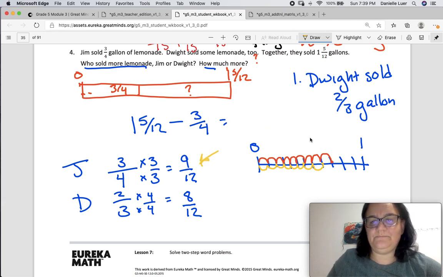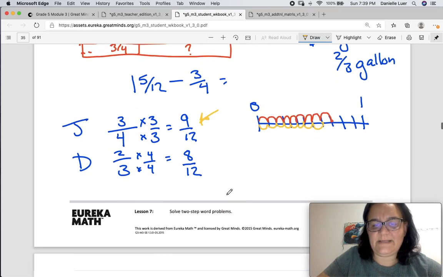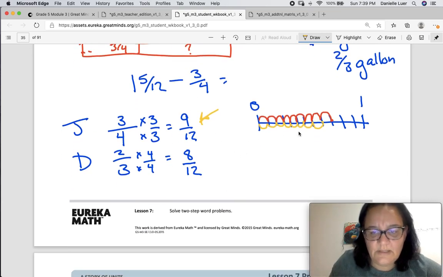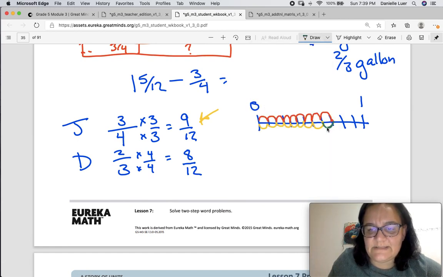Who sold more? Jim sold more. So the second part of my question is, who sold more lemonade, Jim or Dwight? How much more? Well, that's pretty easy. I can just figure out what is left over here, subtract it. There's a difference of 1/8 there. I'm sorry, 1/12.